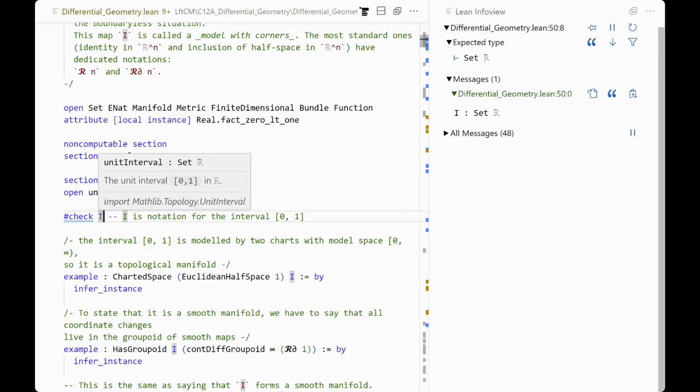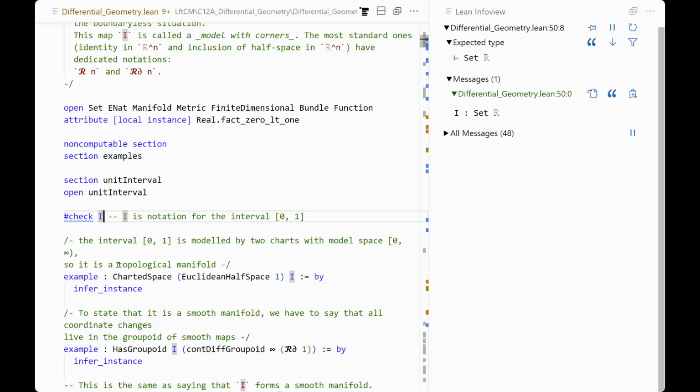And that is, of course, a manifold with boundary. And so in Mathlib, we have this fact. So we have this notion of charted space, and that has two arguments. The first argument is this H, so what is the model space? In the case of the interval, the model space is the half space, or well, the one-dimensional half space, so just a ray.